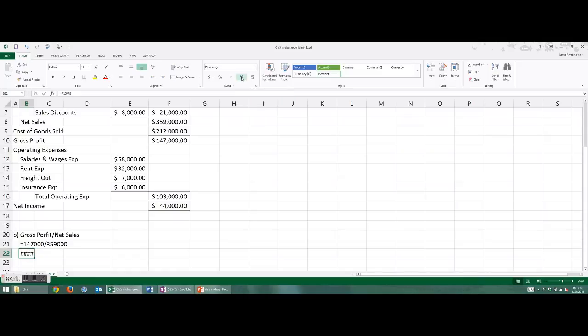And so we get 0.4. Let's take that as a percentage. Increase the decimal: 0.4095, accurate to 2 decimal places.